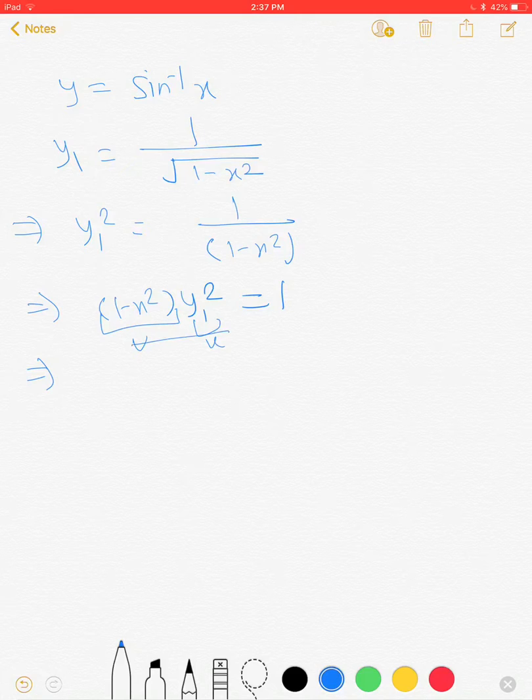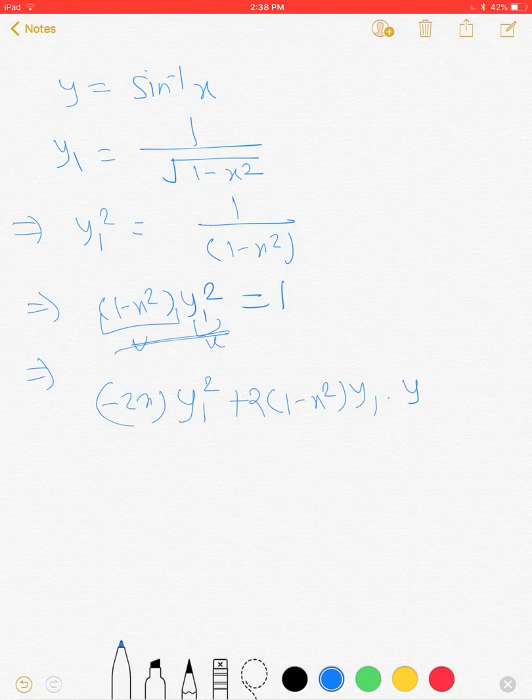So if we differentiate this again, we get the derivative of the first function, that is minus 2x, times the second function as it is, plus the first function as it is times the derivative of the second function, that is 2 y1 into y2, since the derivative of y1 is y2 and the derivative of 1 is 0.